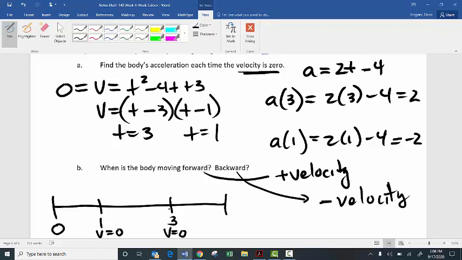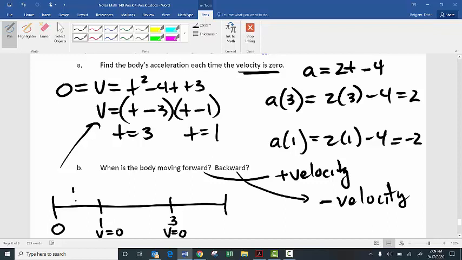Where it's moving forwards, the velocity is positive. Where it's moving backwards, the velocity is negative. So you put a number into the velocity function to figure out if it's positive or negative. If you put a half in, in the factored form, you get a negative.